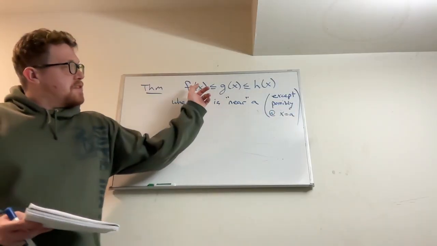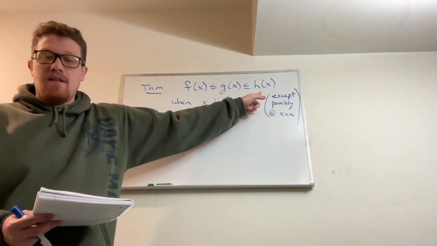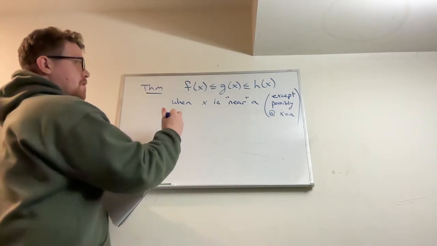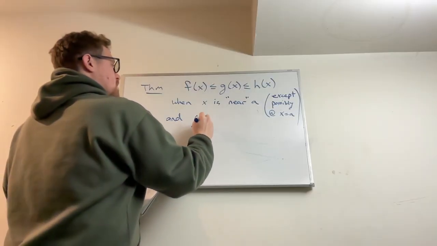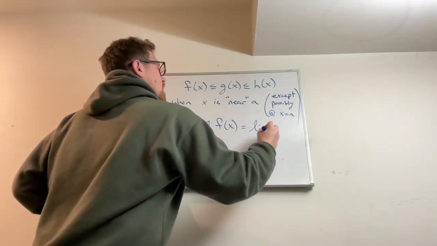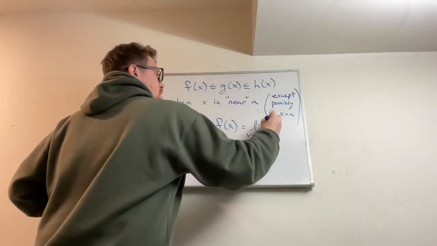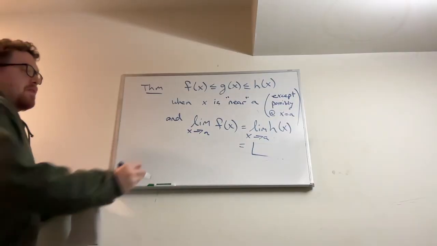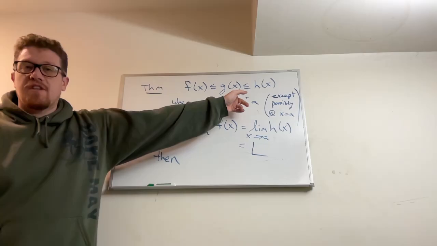So if this is true and these functions on the outside have limits and it's the same limit L and it exists, then the theorem says that the function in the middle has the same limit. So if this is true for all points near a and the limit as x goes to a of f of x is equal to the limit as x goes to a of h, and we'll just call this L, then the theorem says, well, then the squeezed function, I like to call it the squeezed function.